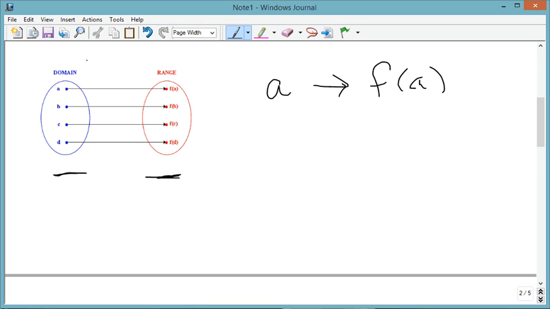So it means that this is whatever you get when you plug in A. Okay? This would be a function. Now, suppose this was also connected here, so that B went to both f(A) and f(B). Then it's not a function. Okay? We can't have one item in the domain going to more than one item in the range.